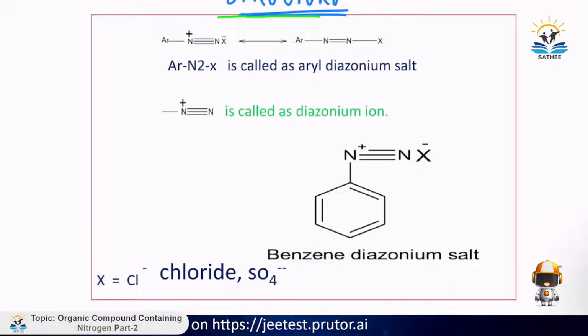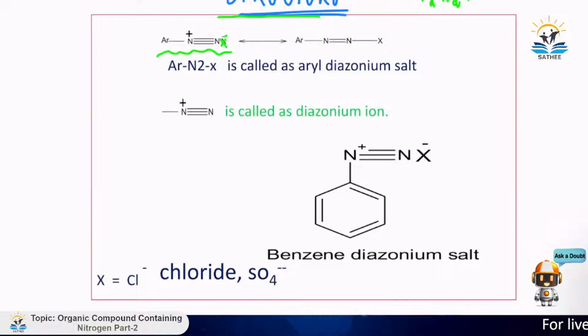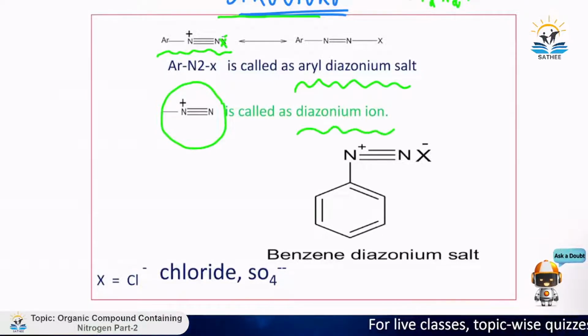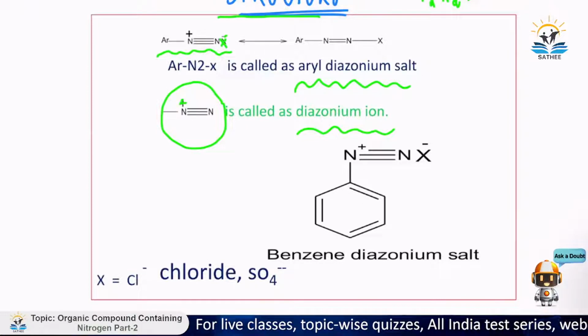So Ar N2 X. See this structure in which nitrogen has a triple bond, and here X minus is there, and nitrogen has positive charge. We call it as aryl diazonium salt, and this part is called diazonium ion, that is N triple bond N and positive charge. These are the small things that we should know. This is known as diazonium ion.